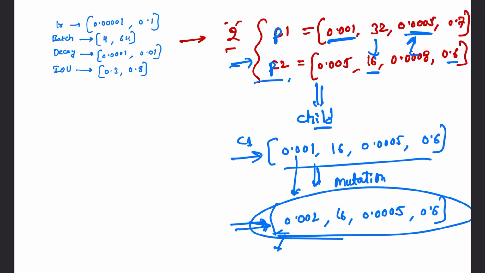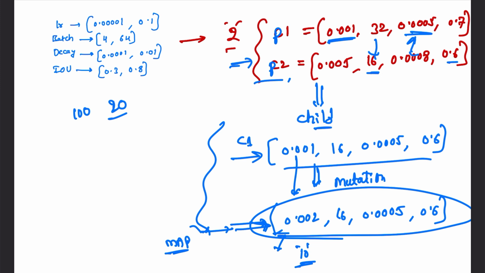Similarly, I will create a few more. Like this, I will create maybe 10 chromosomes this time. So with these 10 chromosomes, I will train the model again. I will evaluate the model and then whichever chromosomes perform with the highest mAP value, I will finalize those. So this kind of iteration I can do for maybe 100 iterations or 20 iterations like that.